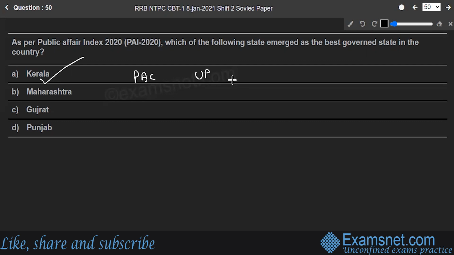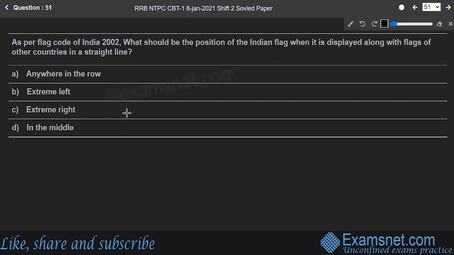The governance performance has been analyzed in the context of sustainable development defined by three pillars of equity, growth, and sustainability. The analysis used data from central government sources. So we have option A, Kerala, as the correct answer. Next is question number 51.